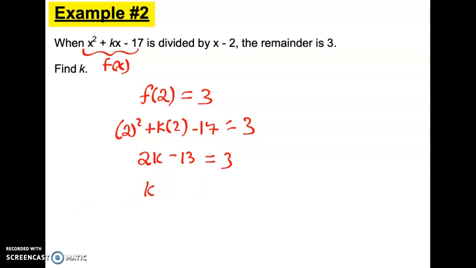And if we isolate for k, we would get that k equals 8. So that means that the trinomial here would actually be x squared plus 8x minus 17. Okay, but they're only asking us for the k value. And that is the remainder theorem. Okay, next you guys will be looking at the factor theorem.